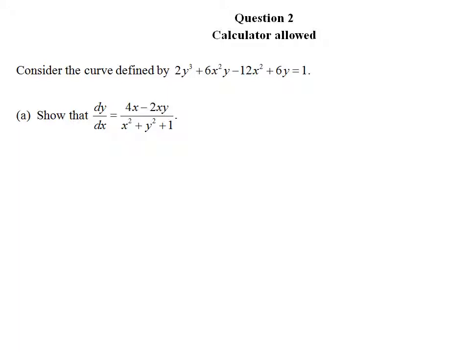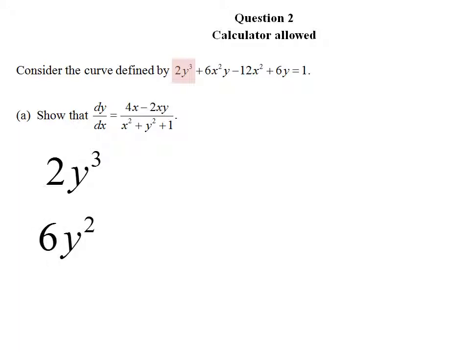The way we're going to do it is we're going to differentiate both sides of the equation that we were given, and as we do, we'll take these one term at a time. The first term is 2y cubed. The derivative of 2y cubed with respect to y is simply 6y squared.